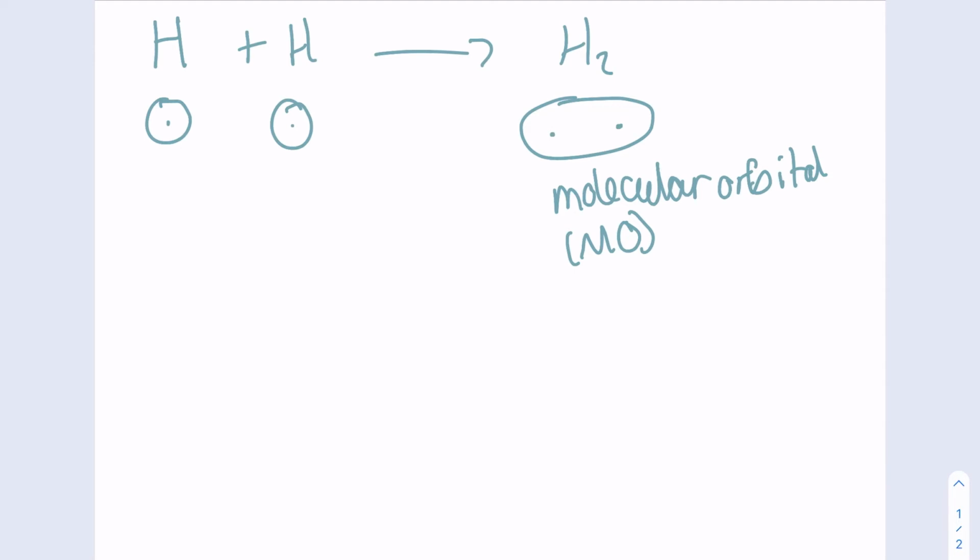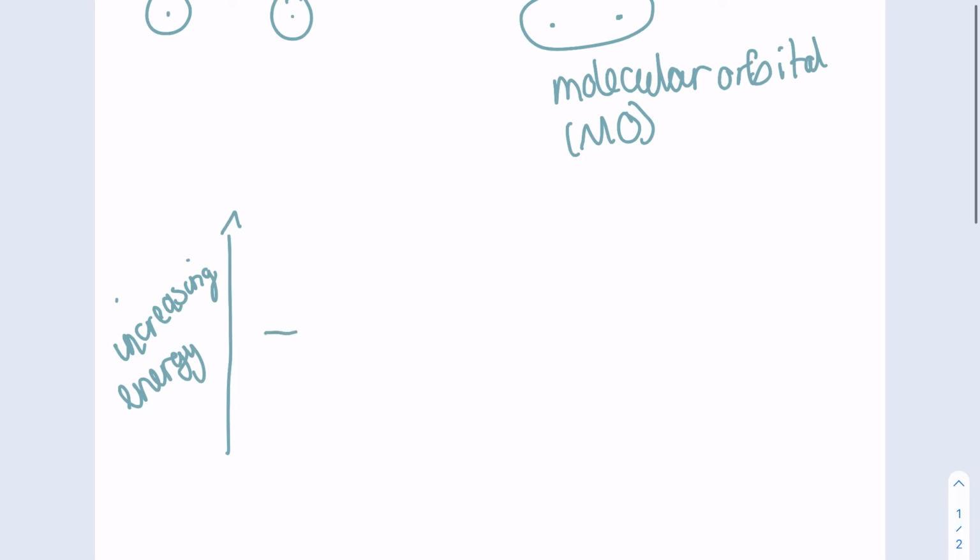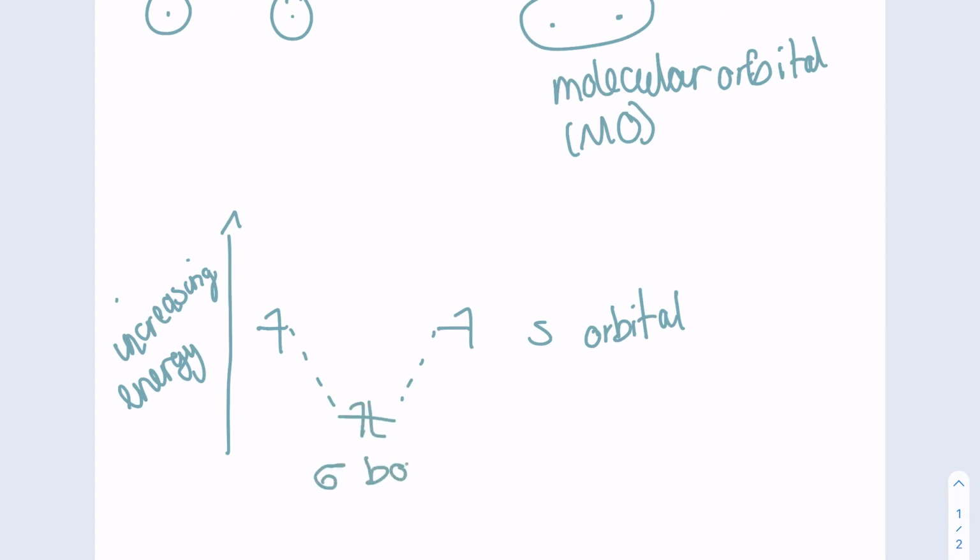So we can draw a nice little diagram here where this is increasing energy. Here we have our s orbitals, and I've just told you that they make something lower in energy, and this is your sigma bonding molecular orbital.